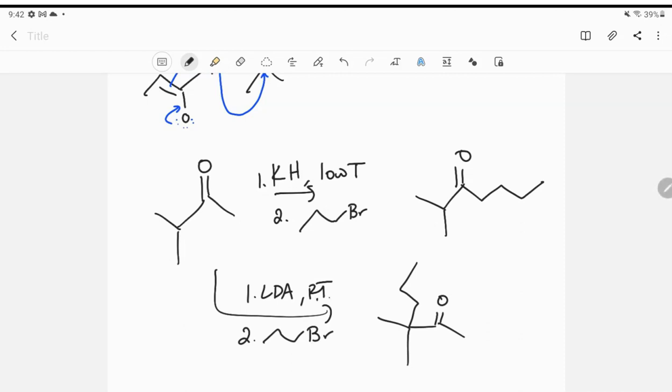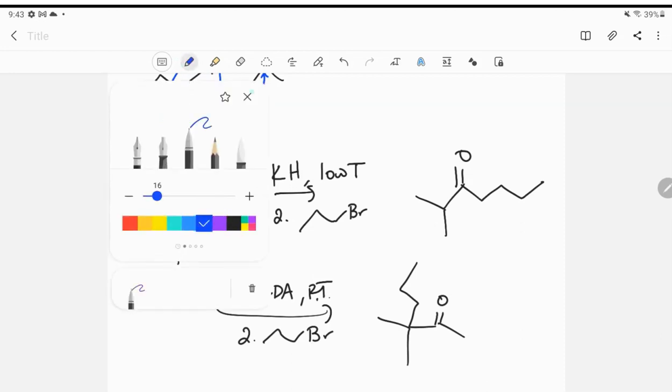Room temperature. What's going on here? When did we see temperature being a consideration when we talked about different products forming? Perhaps two words might come to mind.